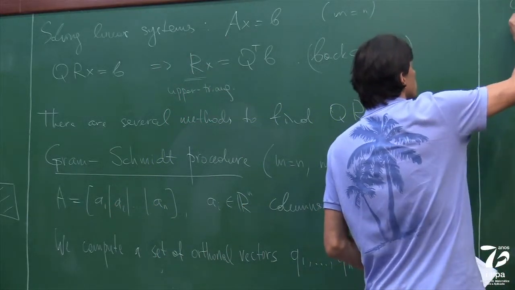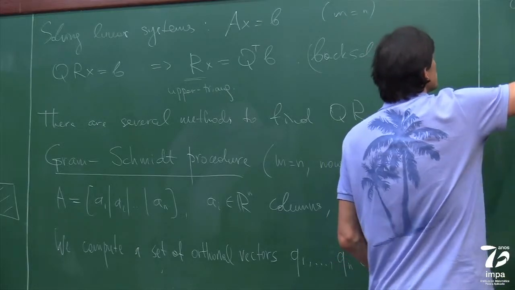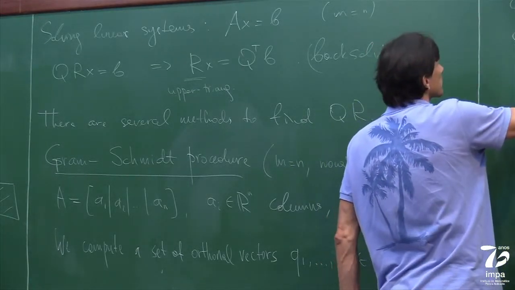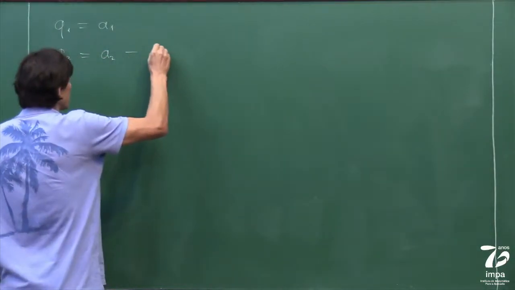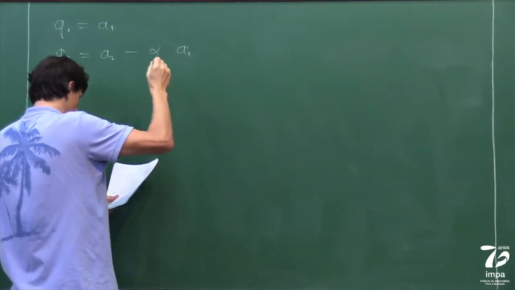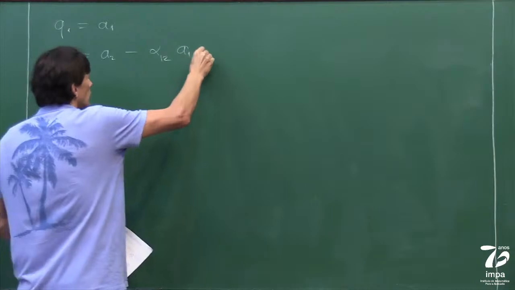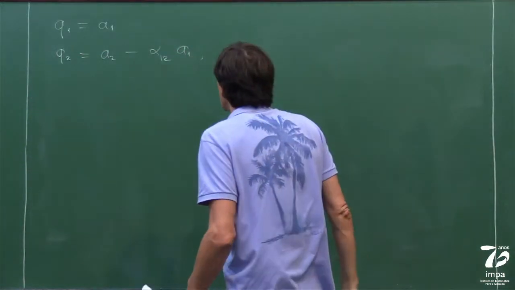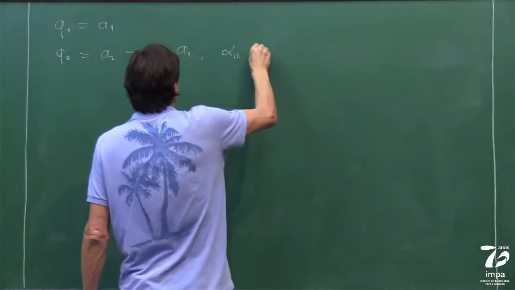The first vector we don't need to change. But from the second vector, we have to subtract the part which is tangent to A1, so it becomes orthogonal. So we subtract A1 with a proper coefficient, alpha 1,2, which is just the projection.